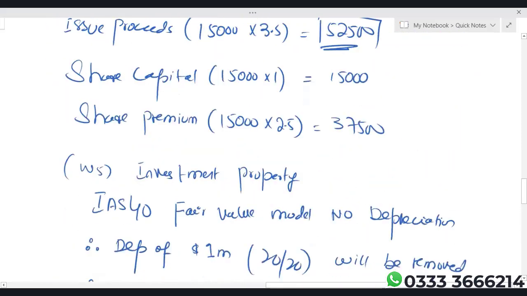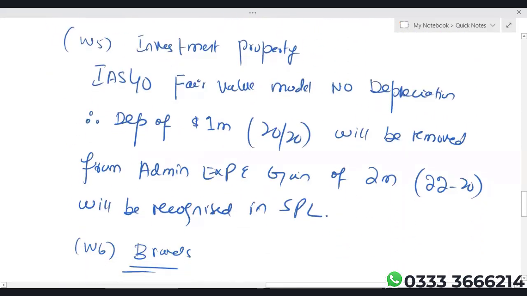Okay. Investment property, we need to remove the depreciation of 1 million.